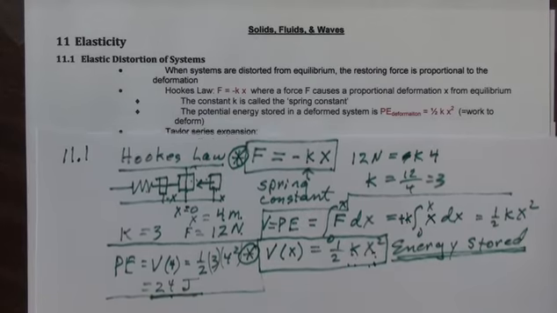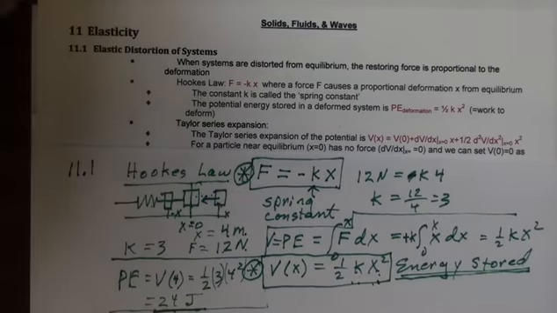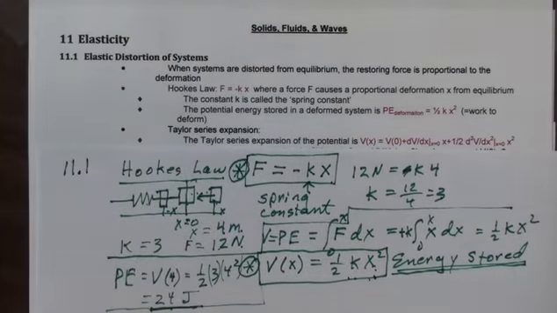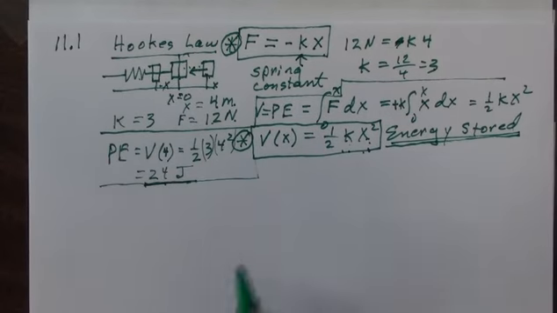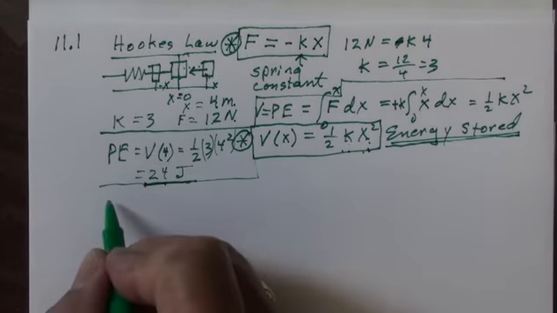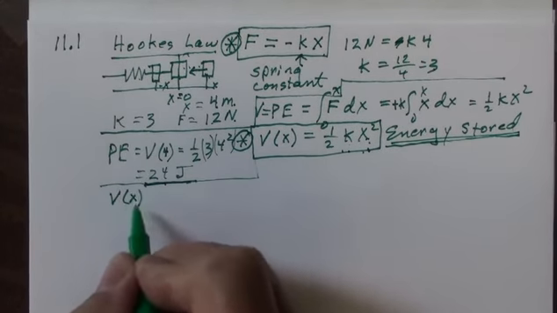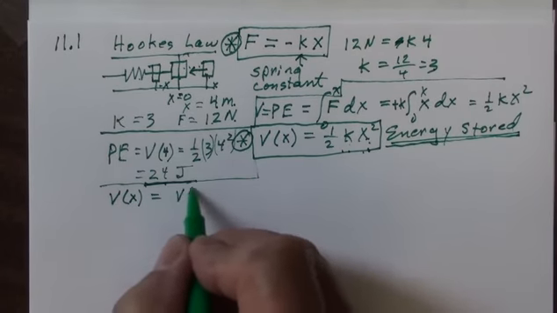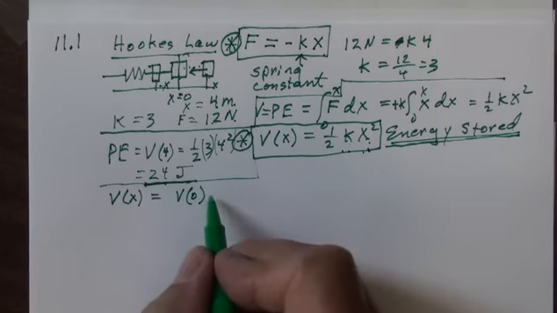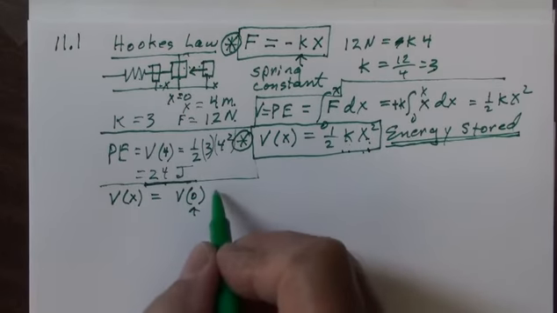Where does this come from? I'm going to show you how we can take that and expand a Taylor series expansion and obtain that result. Okay, this comes from the fact that we can write our V of x. This is the potential energy, and we can expand that in a Taylor series expansion about the equilibrium point, which I'm going to call 0.